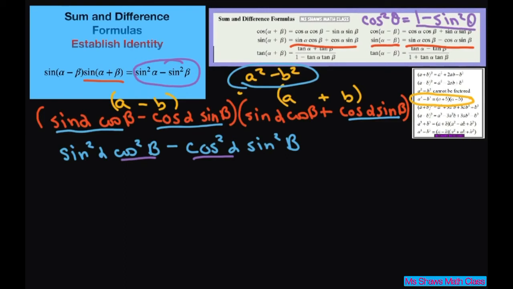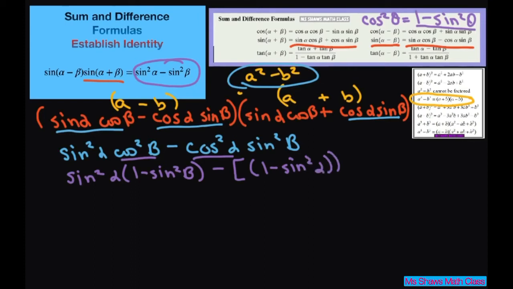So that's going to give me sine squared of alpha times 1 minus sine squared beta, minus, then we have 1 minus sine squared alpha times sine squared beta.